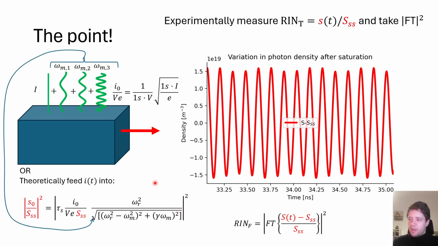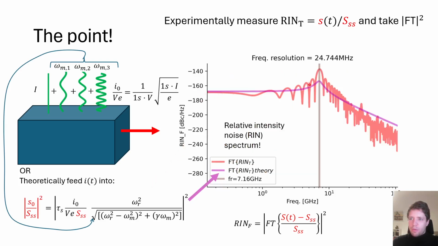Whether we do it experimentally or theoretically, we essentially get the same sort of curve coming out. Here we have the red curve from my numerical simulations and the pink curve from the theoretical expression, and you see they agree quite well and both peak at 7.16 gigahertz.